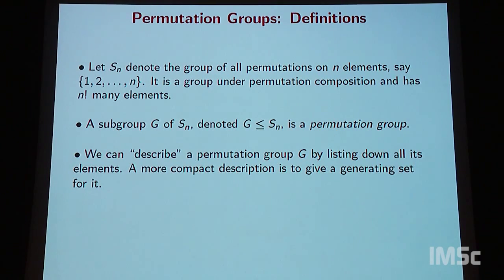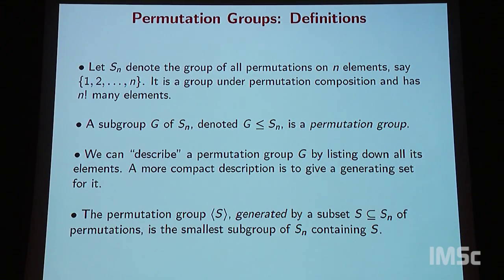How do I describe a permutation group? Again, I don't want to list down all the elements because n factorial is huge for me. And the right way to describe a permutation group is to give a generating set for it. Because that way I can describe any subgroup of Sn through a small set of generators. So what do I mean by the permutation group generated by the subset S of permutations?